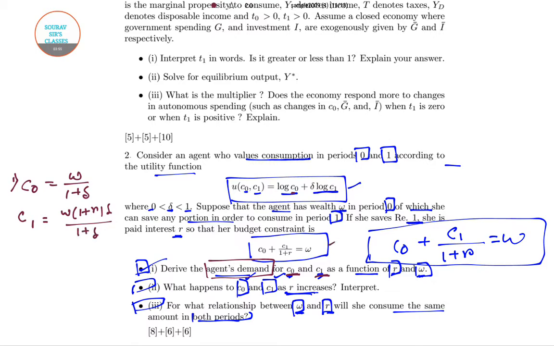So how do we find it? For this, say for example, if you write C0 + C1/(1+r) = W, here when we are measuring C0, we assume it to be such that it will be C0(1+r), and from here C1 equals W.